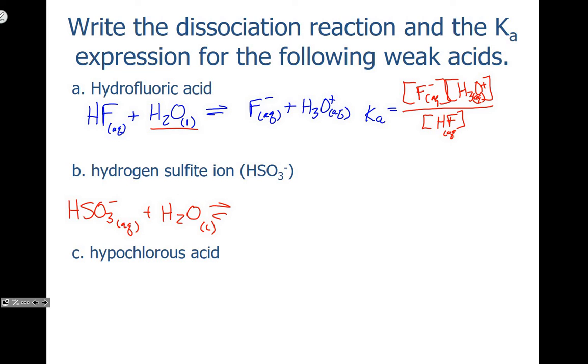So in order to dissociate it, I'm going to have to put it in water. Okay, what else? What am I going to get? SO3 2 minus, AQ, plus what? H3O plus. Good. AQ.